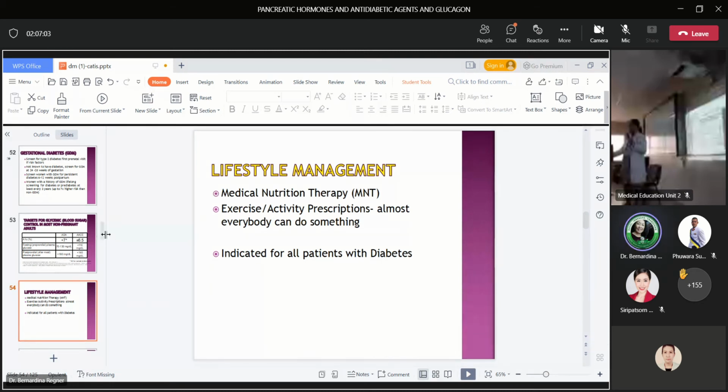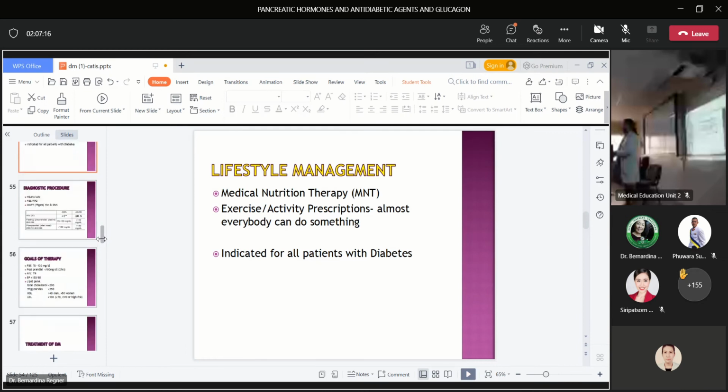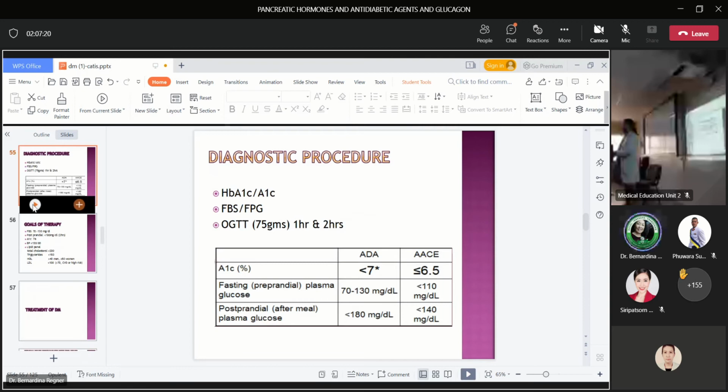What do you mean by lifestyle modification? Eliminate or stop all those activities or habits that can increase your cardiovascular risk and eventually diabetes mellitus.